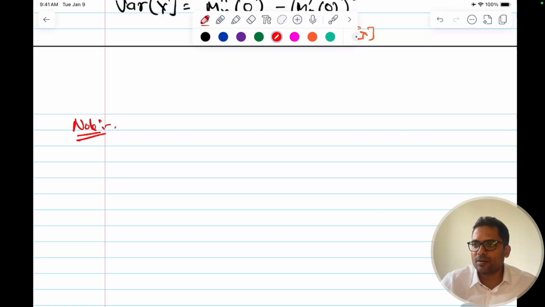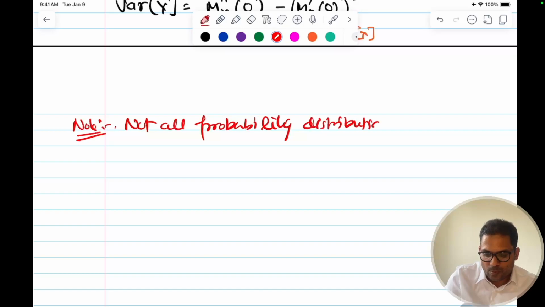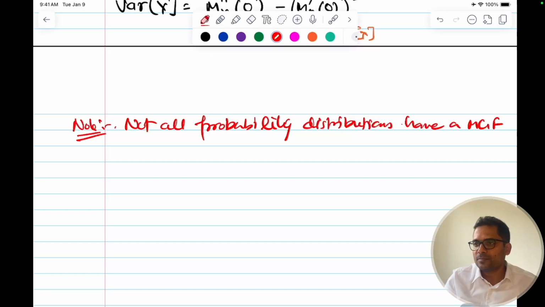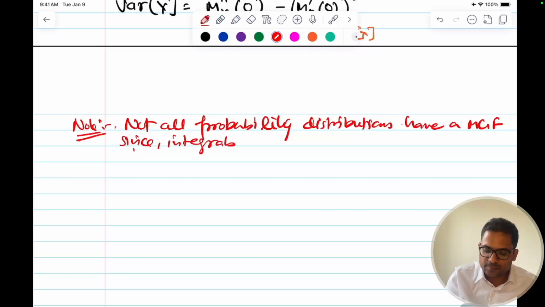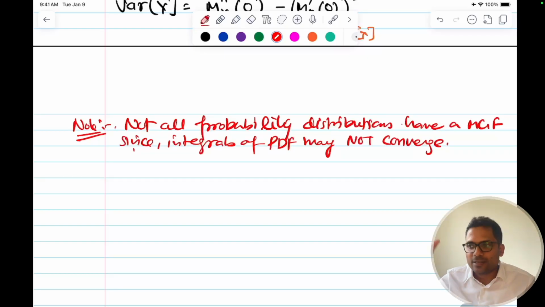Not all probability distributions have an MGF, since integrals of the PDF may not converge and may tend to infinity.